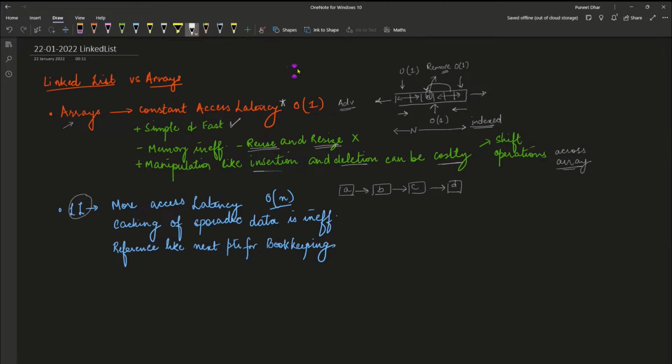If we have to search A, this is of order 1, this is of order 2, and continue, and this is of order 4, and then there could be something here which is of order n. This means as the linked list grows, the access latency grows.